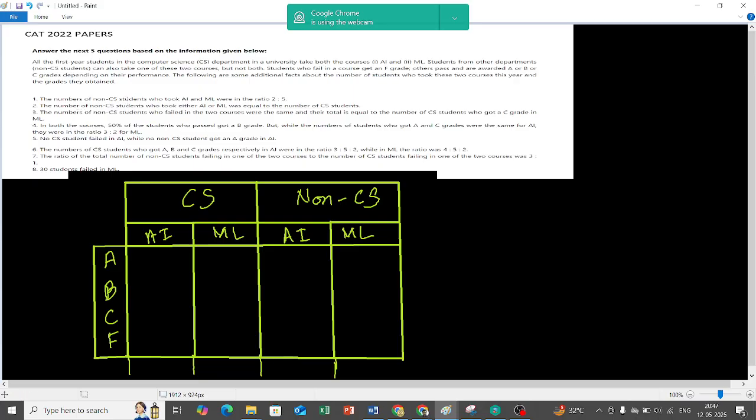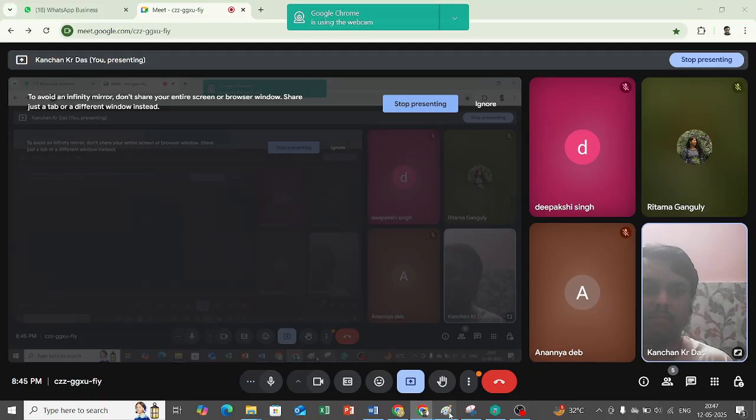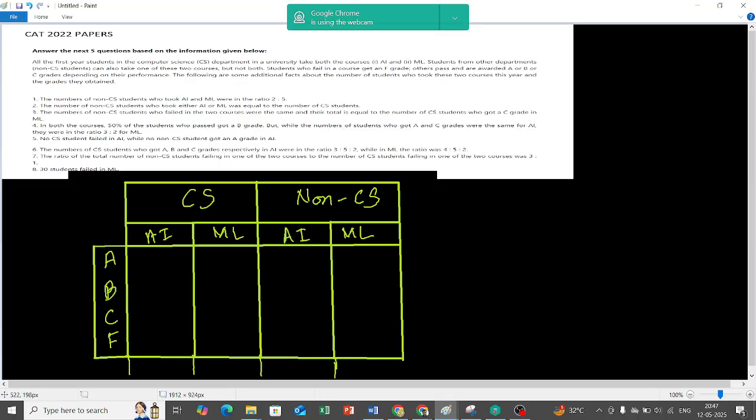It is given that all the first year students in the computer science department take both the courses AI and ML. Students from other departments, that is non-CS, can also take one of these two courses. Now let us come to information number 1.